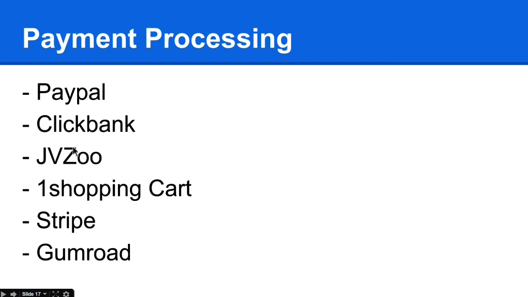PayPal, you'd have heard of, ClickBank, JVZoo, One Shopping Cart as well. Stripe's a payment processing company. It's a little bit technical, but if you don't have a Stripe account yet, go and set one up, because I'll show you in another webinar the stuff that I'm doing with Stripe.